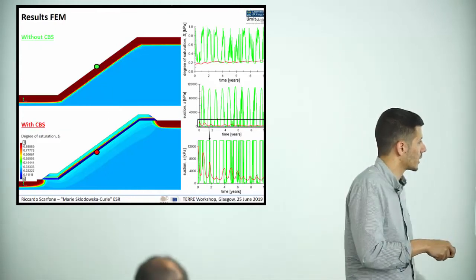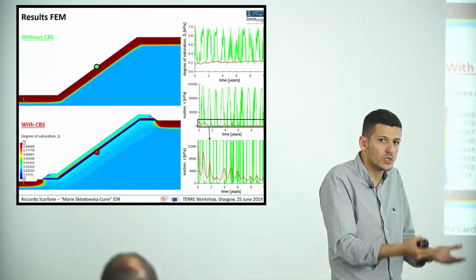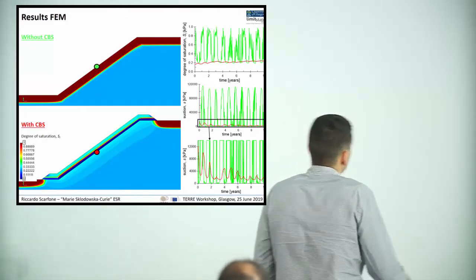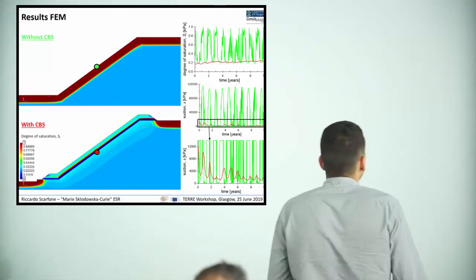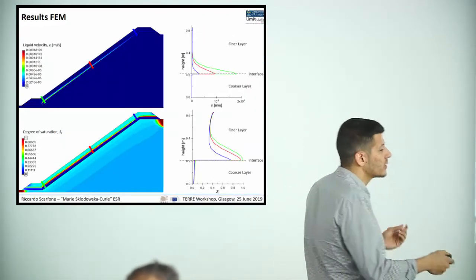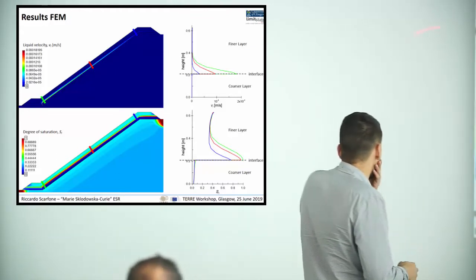We see how the presence of the capillary barrier system, the red curve, is able to control the minimum value of suction attained during this entire 10-year period. To understand how the barrier is acting, I already gave you some idea in the introduction.